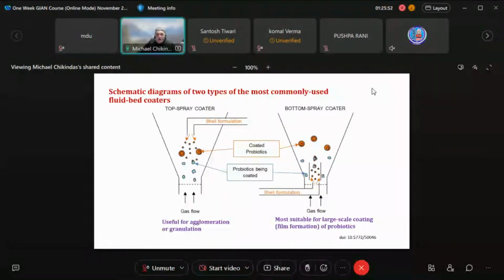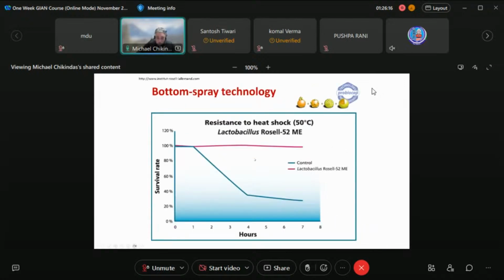The only mechanical difference, perhaps the most appropriate way to say it, is the direction of delivery, either from the top or from the bottom. The top one is useful for agglomeration or granulation, and the bottom delivery is most suitable for large-scale coatings, for the formation of films, these kinds of applications.